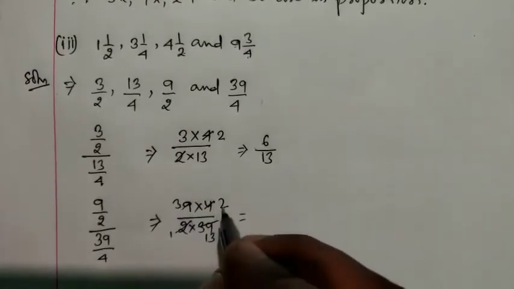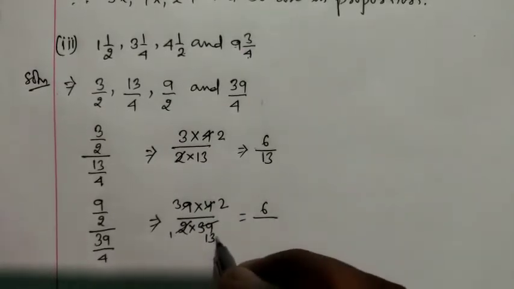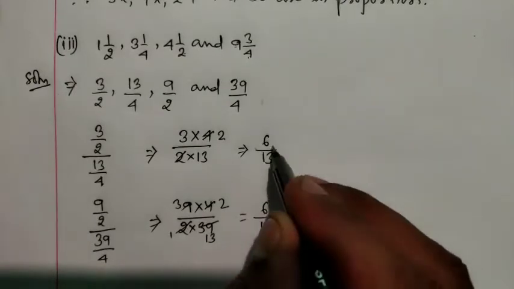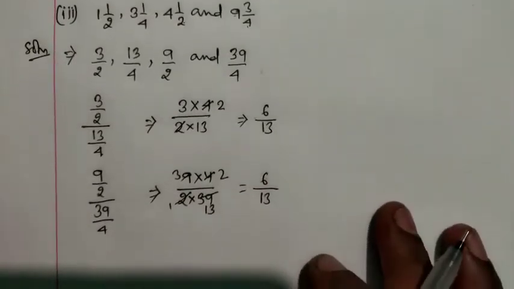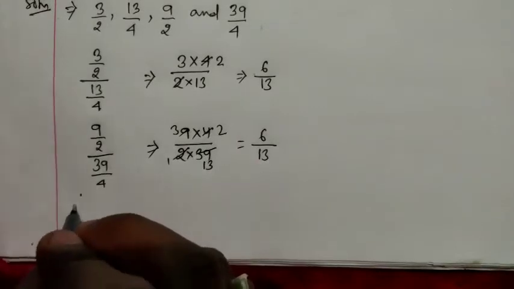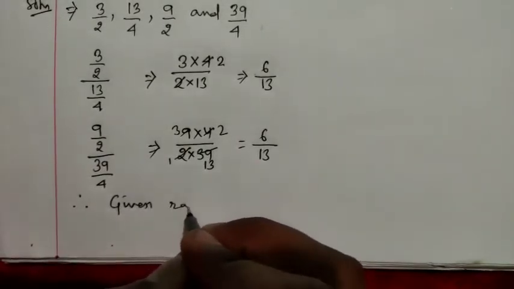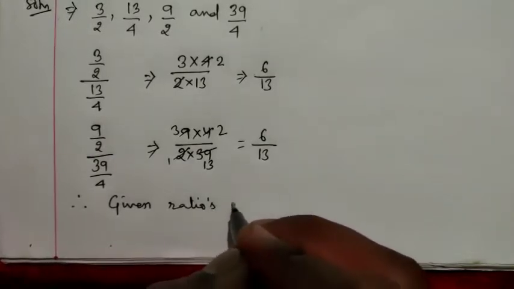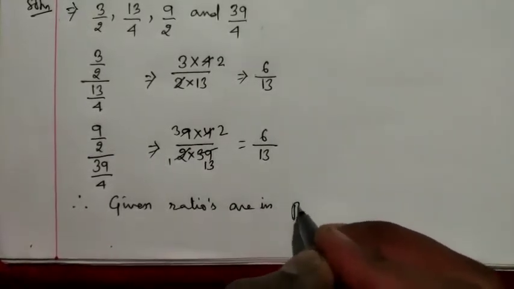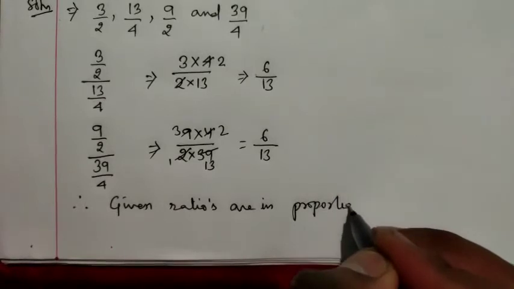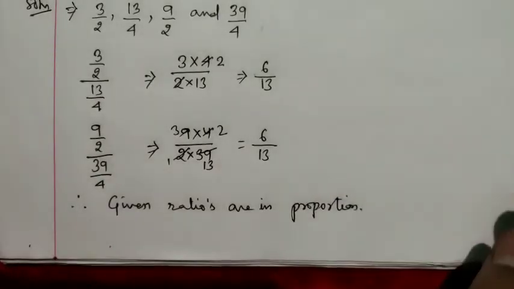Again here 3 2s are 6, 1 13s are 13. We can see that the value of both the ratios is same. Then we will write therefore given ratios are in proportion. Hope that question number 1 is clear to you.